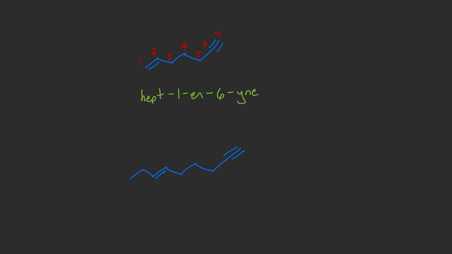So if we number from the left side of the molecule, we'll get our alkene starting on carbon 3. But if we number from the right side of the molecule, the alkyne would be on carbon 1. So we're going to prioritize the alkyne because it comes first in the carbon chain when we number it from that direction. So we will number from the alkyne and number through our molecule.